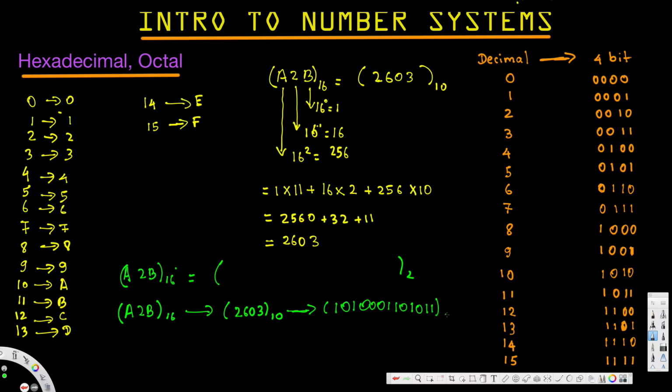So this is the conversion from decimal to binary, and this is going to be the answer: 101000101011.